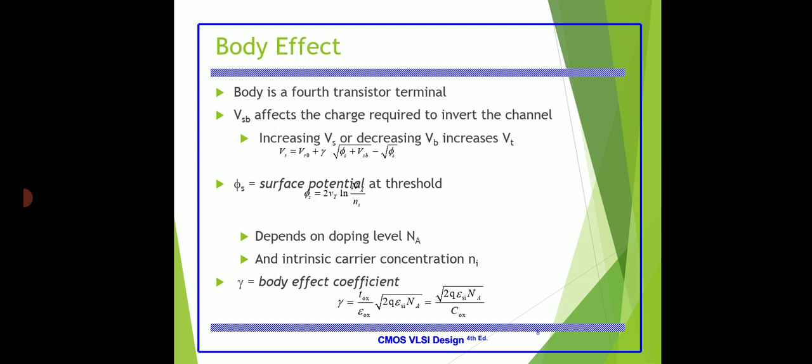body effect. In this body effect, the source and the body terminals are both connected together to the ground.